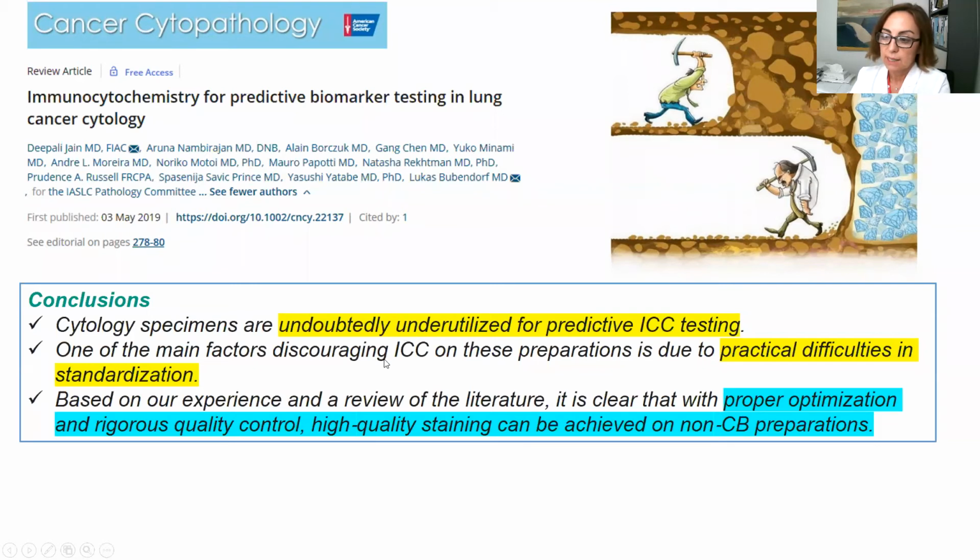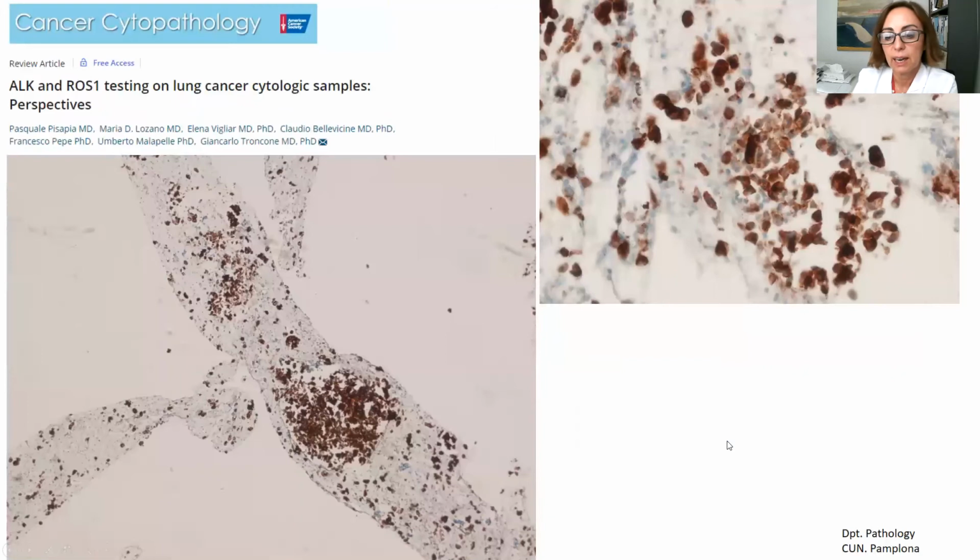They recognize there are practical difficulties in standardization, a very, very important aspect we have to work on. And they conclude that with proper optimization and rigorous quality controls, high quality staining can be achieved on non-cell block preparations. Here are some examples.